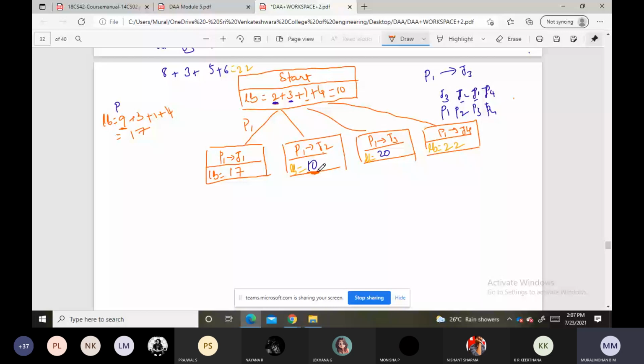Next we should go with person 2. For person 2, how many options are there?